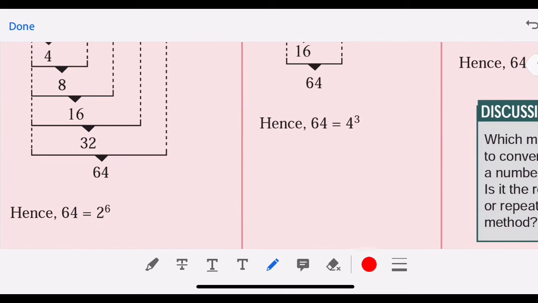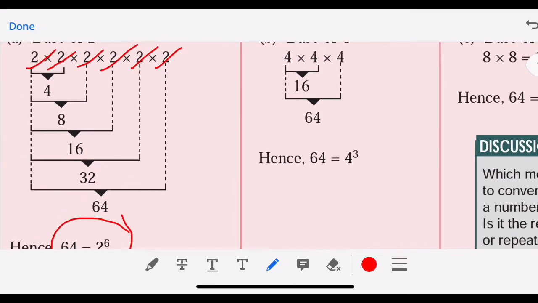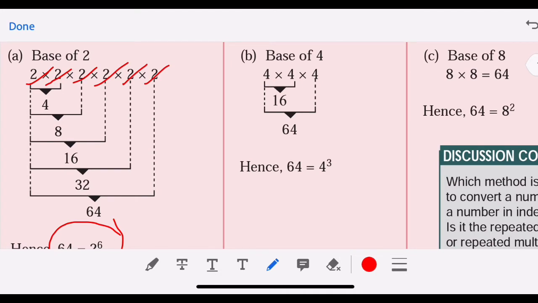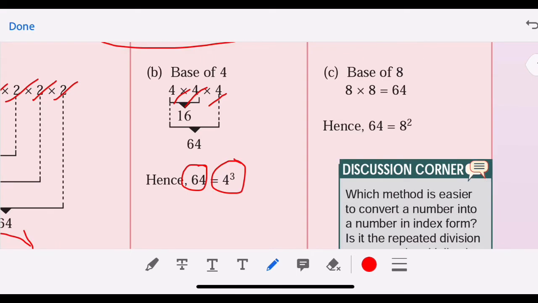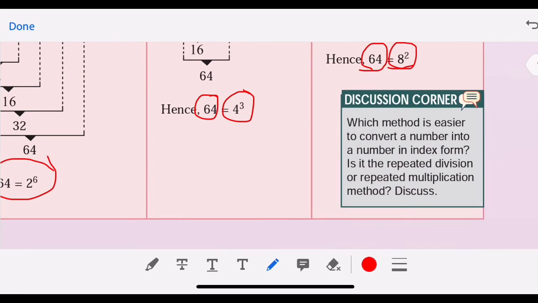So that means 64 is 2 multiplied 6 times. And then 4 times 4 times 4, so 64 is 4 power 3. And 8 times 8 is 64, so 64 can be written as 8 power 2 as well.